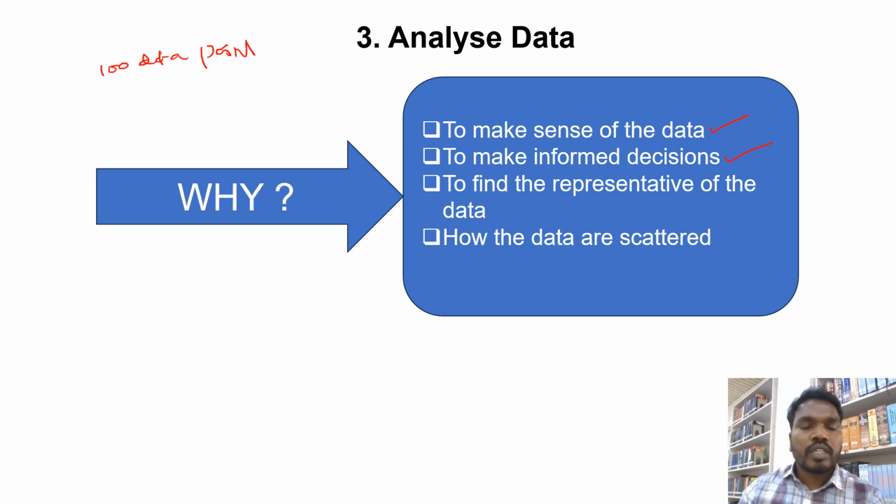Instead of representing these 100 data points, I just want to give one data point which can represent the total 100 data points, right? That we cannot find from the graphical representation or the charts representation. So for that purpose we need to analyze the data, to find the representative number of that particular data, right?